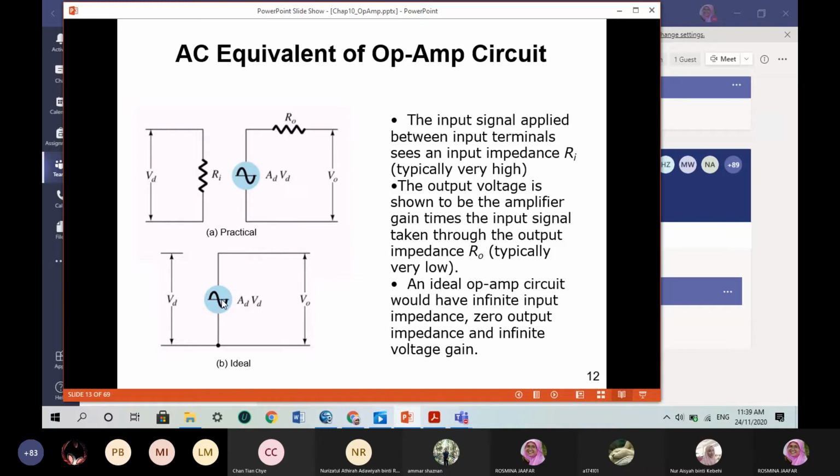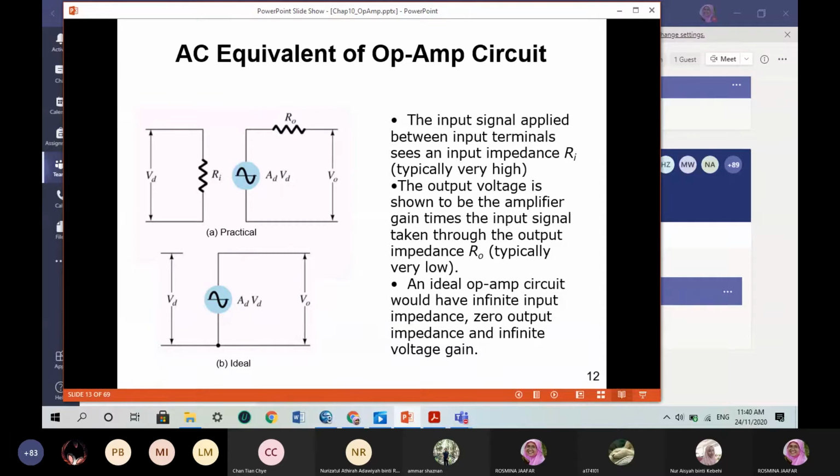The input signal is applied between the input terminals, with impedance Ri typically very large, infinity value, and the output voltage is the amplifier gain times the input signal taken through the output impedance Ro, typically very low, or we can assume 0.